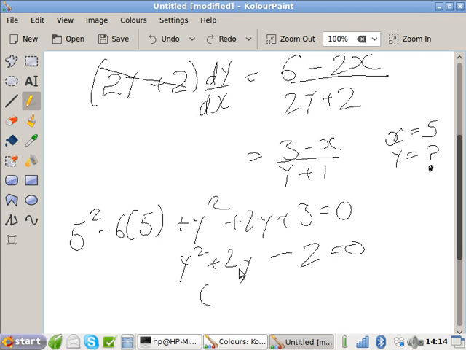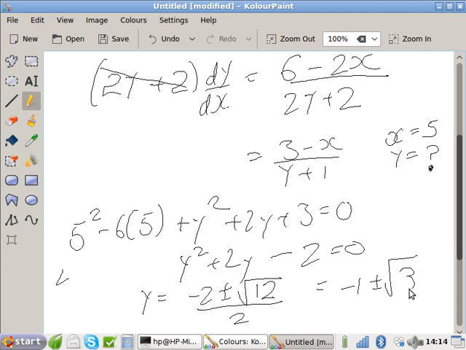So y equals minus 2 plus or minus the square root of 4 plus 8, which is 12. So that's minus 1 plus or minus root 3.